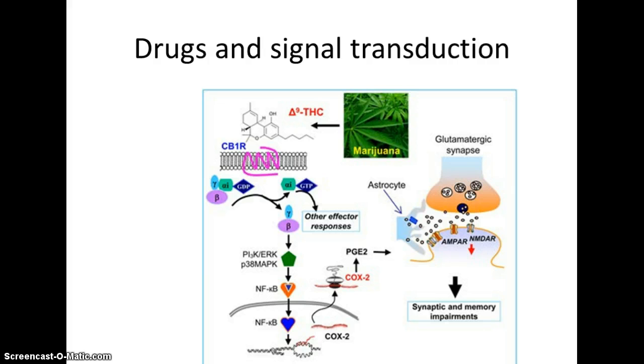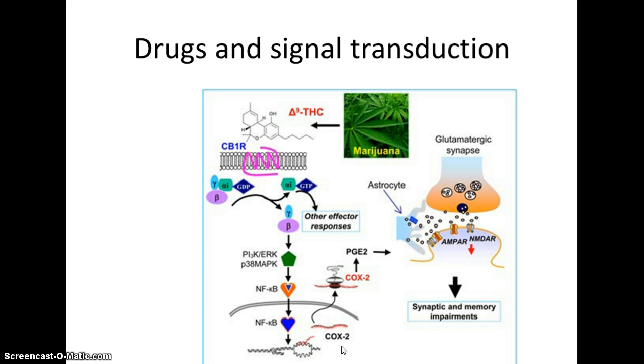In this example, what you see here is the chemical found in marijuana called THC. As it binds to the membrane protein, it goes through the G protein through these kinase products and then affects transcription. In this case, it transcribes this gene called COX-2.